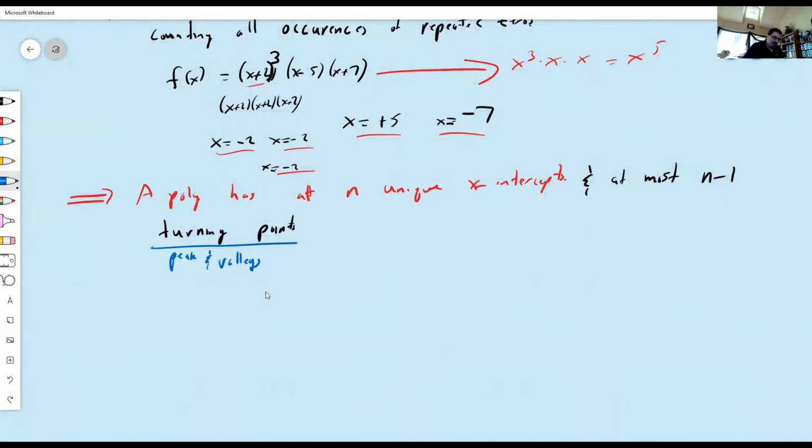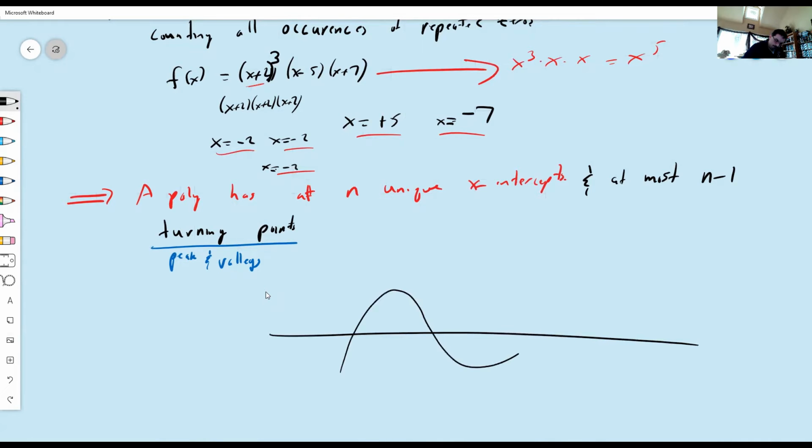So if you want to look at this idea of x-intercepts and n minus 1 turning points, here's a picture. I have 1, 2, 3, 4 x-intercepts.